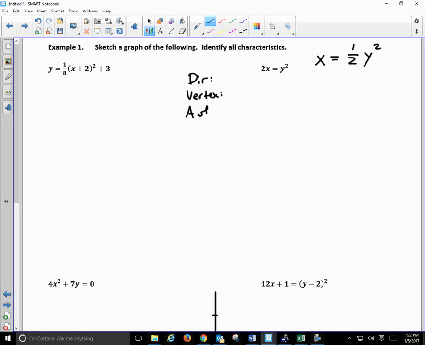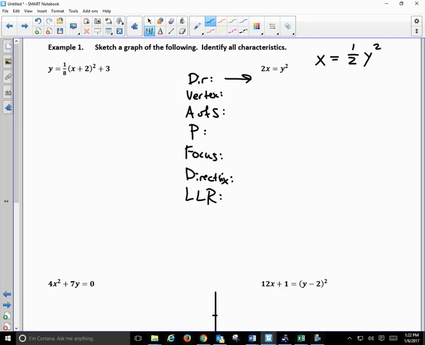I have an axis of symmetry, a p-value, focus, directrix, and length of latus rectum. Horizontal or vertical? Horizontal. Left or right? Right.